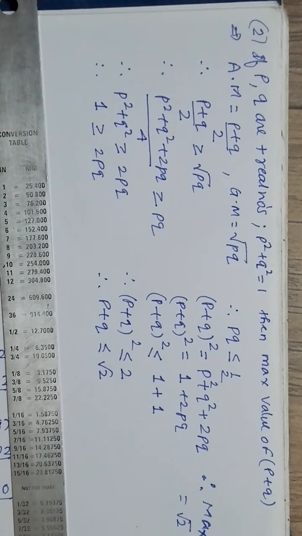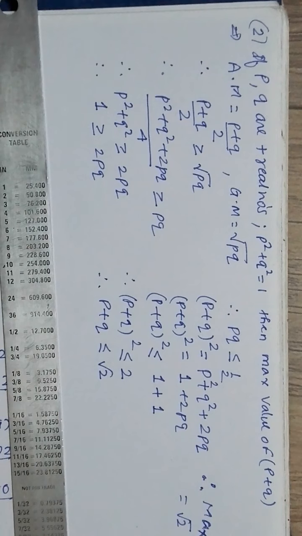How come? Recollect. p plus q is equal to sin theta plus cos theta, right? So 1 by root 2 sin theta plus 1 by root 2 cos theta will give you what? Sin of pi by 4 plus theta, right?